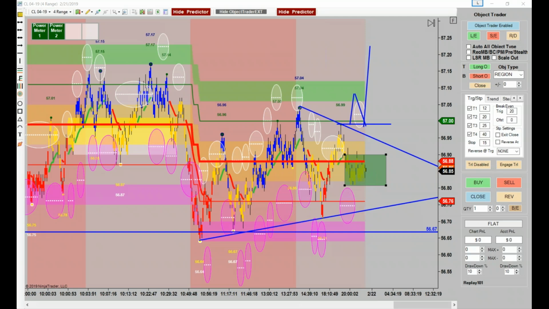Let's see which way it goes. Hopefully I can get it without going too fast. I got it going 20 times, so that'll be a little quick. See, it's even stair stepping up on the Lightning 1 also.